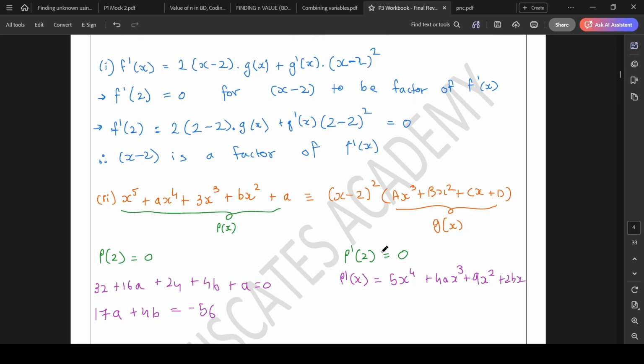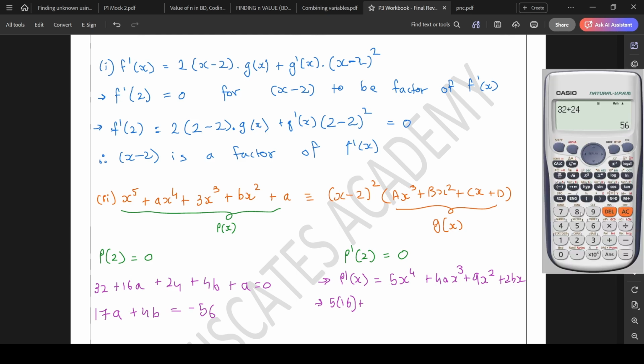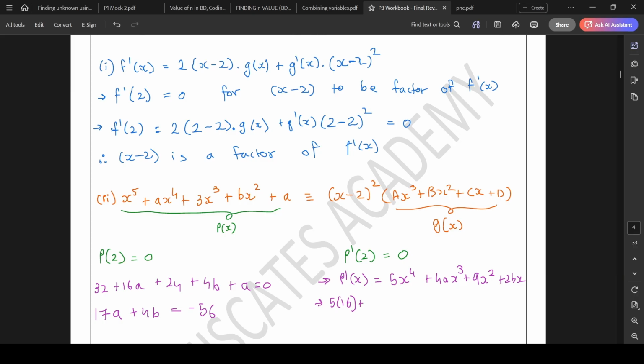And now I'll put the value of 2 into this derivative, and of course it has to be equal to 0. So 16 into 5 plus 8 into 4, let me check the value. I'm so sorry, I'm poor at this kind of thing because I've been using CAIE since, I think, I was in 5th grade. But this is 32, so plus 32a, and then plus 9 times 4, I believe that is 36.